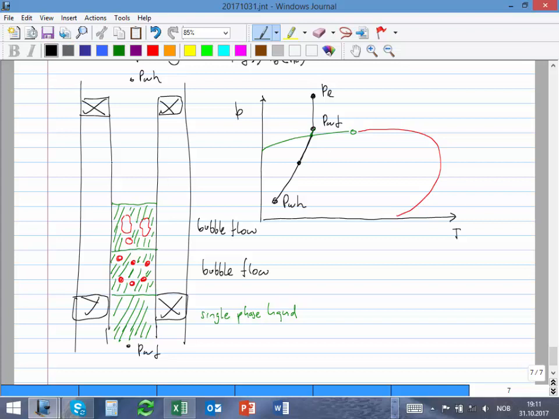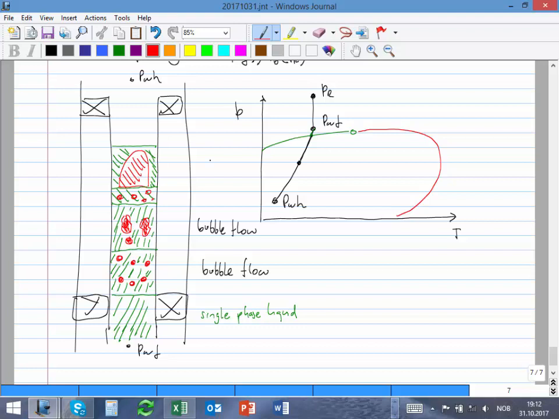But if they continue coalescing, continue merging together, you start having what we call slug flow. That basically you have big pockets of gas that are followed by a pocket of liquid, with some bubbles behind.